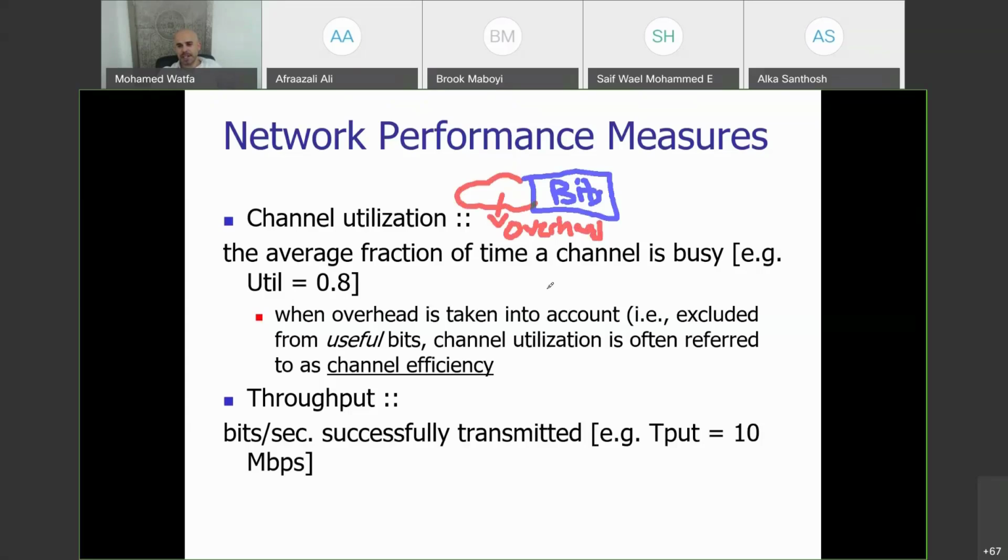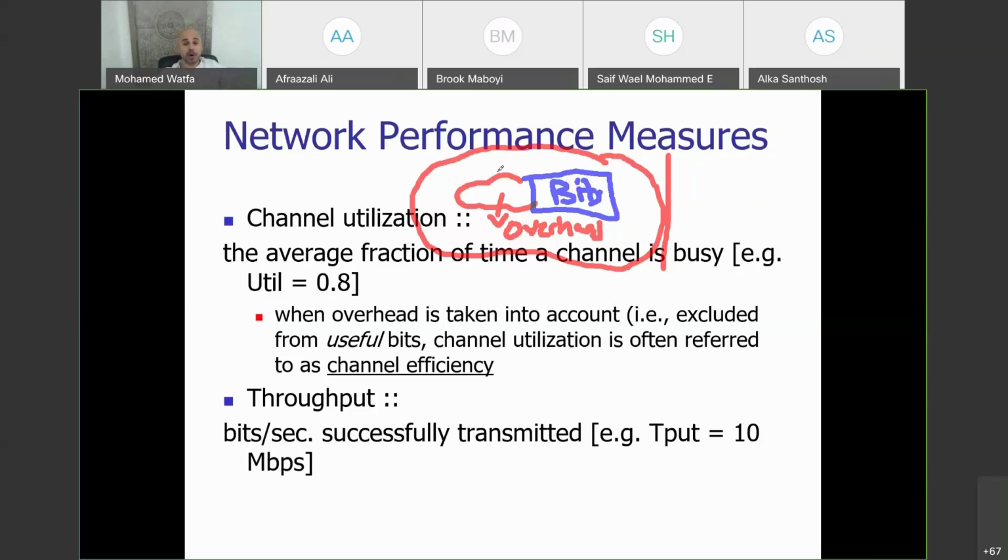Okay, Fatima? So now, typically, if you want to calculate utilization, I will look at this whole thing together and see how many bits you're sending, not just useful bits, and based on it, calculate the utilization, how much you utilize the channel.